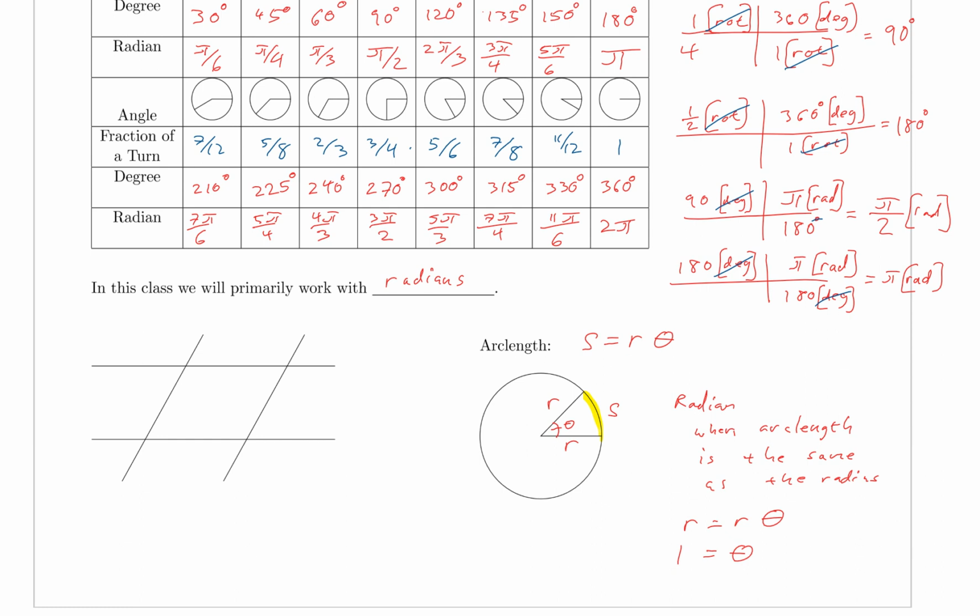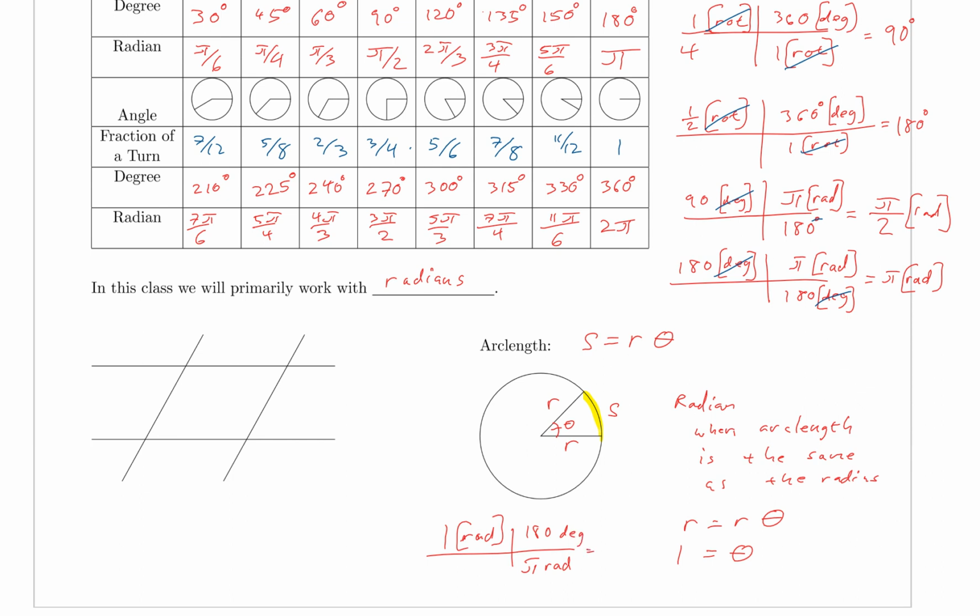Let's convert 1 radian into degrees. We've got pi radians to 180 degrees.